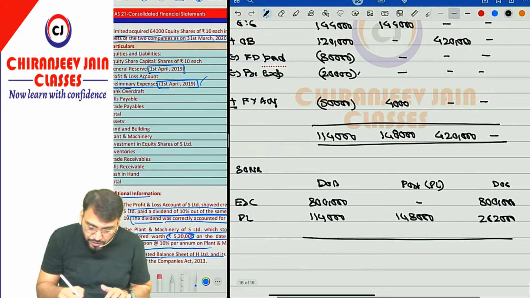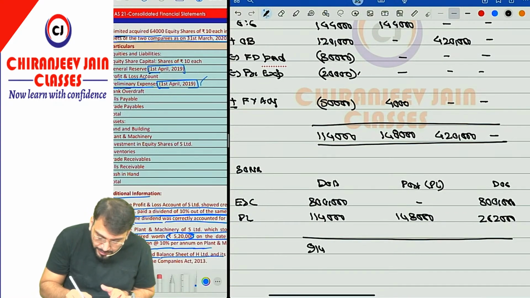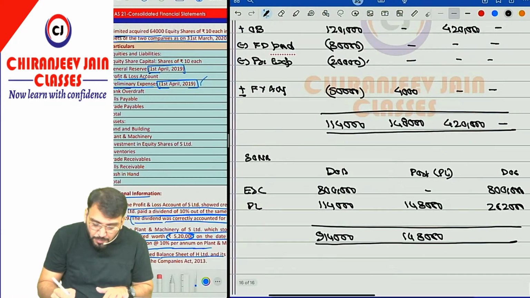This is coming how much? 9,14,000 and 1,48,000. Now this will be allocated.